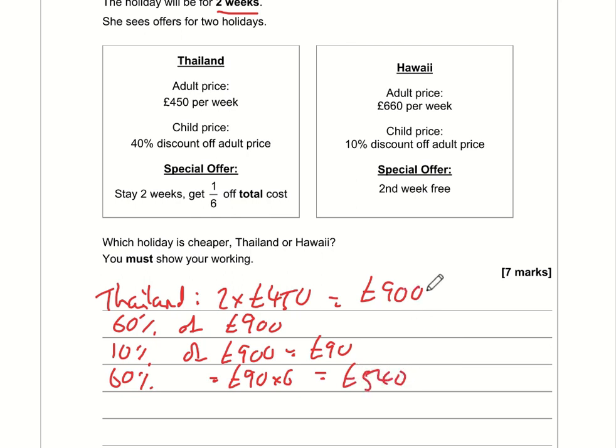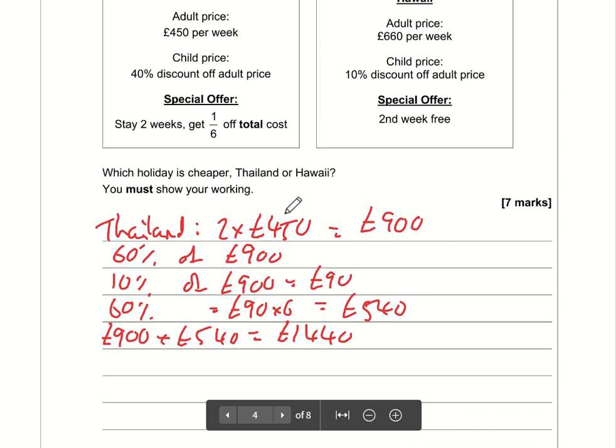So the total for Thailand at this stage is 900 plus 540. That comes to 1,440. Use a column method if you're struggling, just to do that simple bit of adding up. We are staying for 2 weeks, so we want 1/6 off.